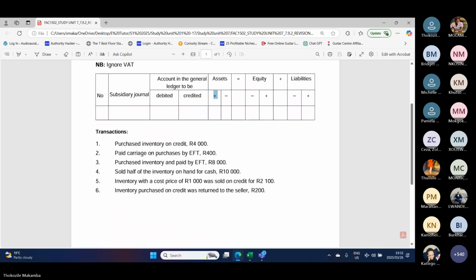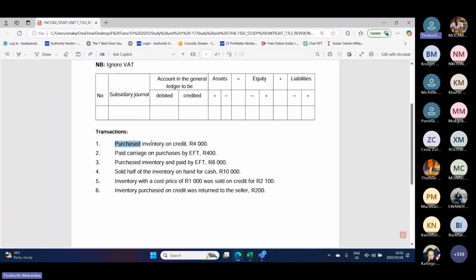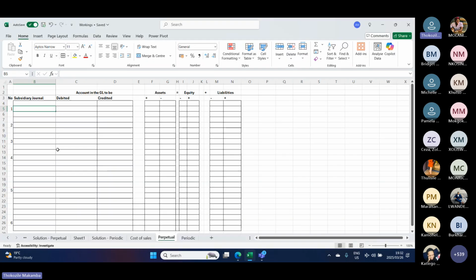Now we are on the perpetual system, guys. Purchase inventory on credit, 4,000 Rand. Remember, because it's perpetual, we are always valuing our inventory. The subsidiary journal is going to be exactly the same, so it's going to be the purchases journal.